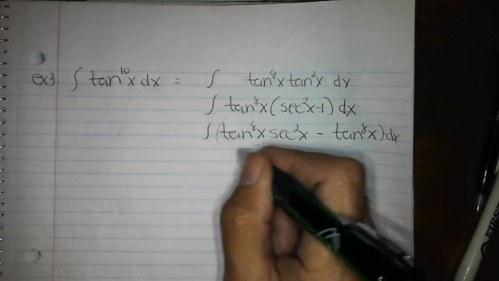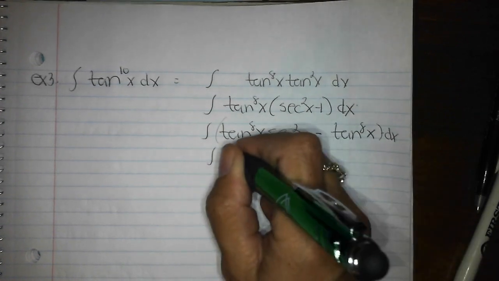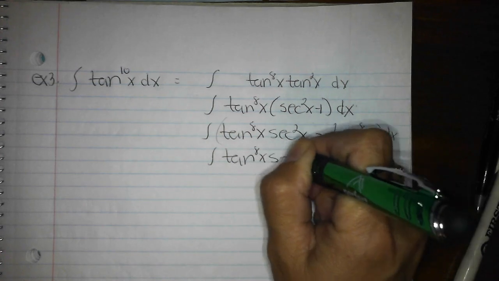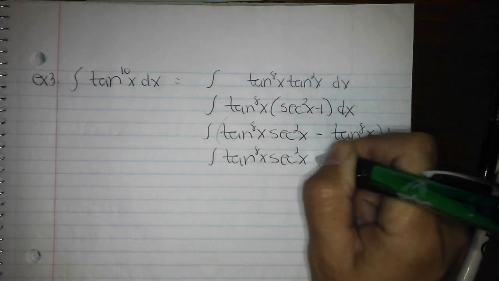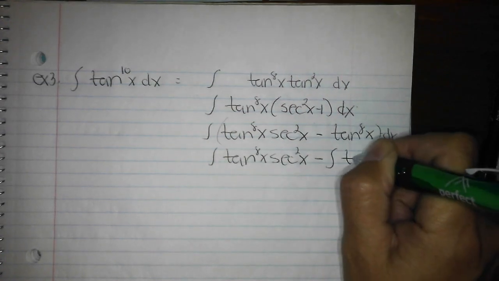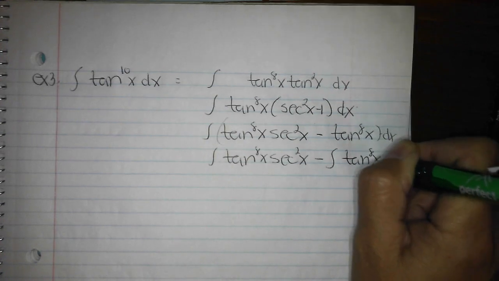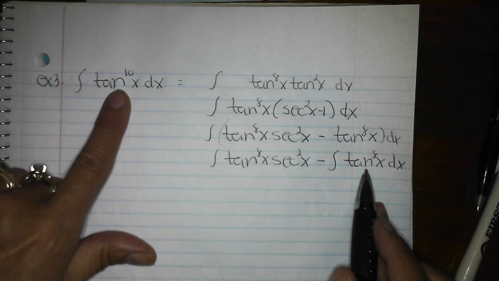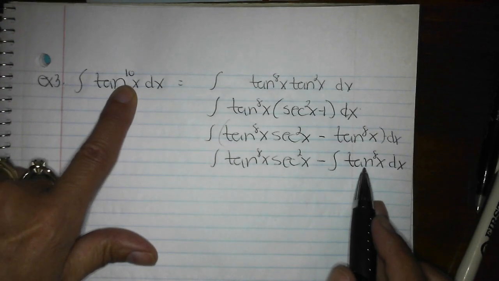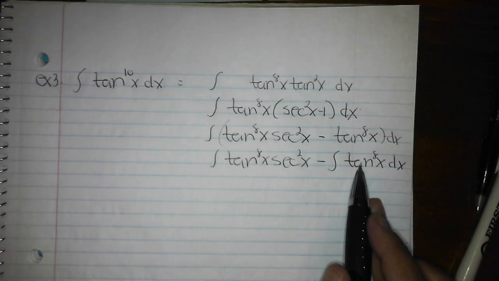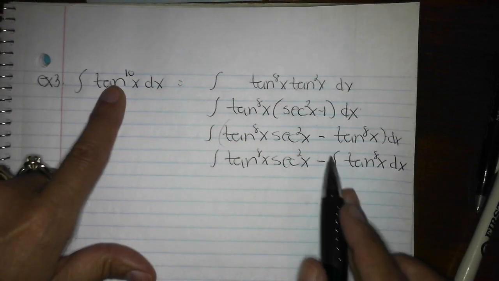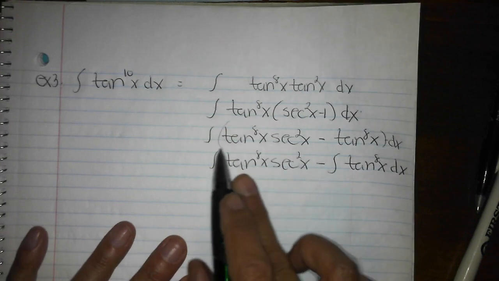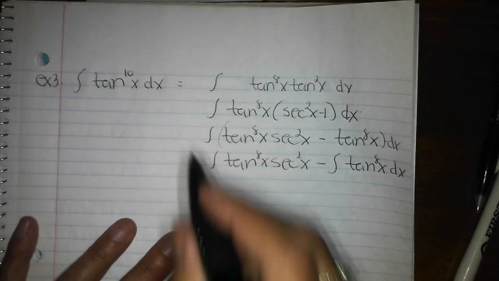So now I'm going to break it apart into the integral of tan to the 8th x secant squared x minus the integral of tan to the 8th x dx. This term is going to be good to go because now I've got a reduced power of tangent, which is my goal. Remember, it's a reduction. I want to end up with an integral that has a lower power than what I started. I've just got to be able to integrate this, and I'll be good to go.